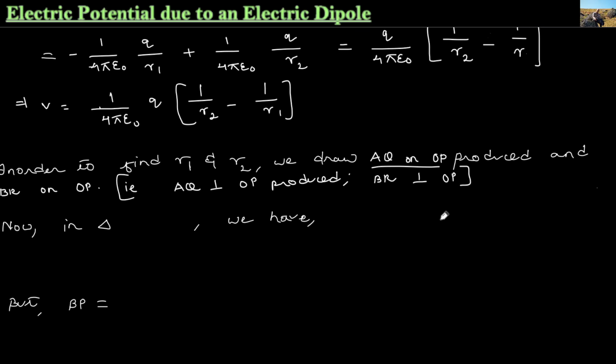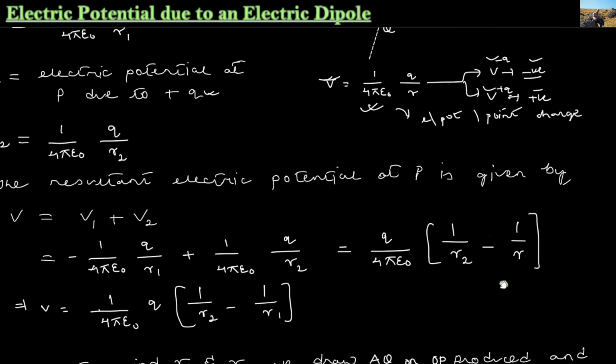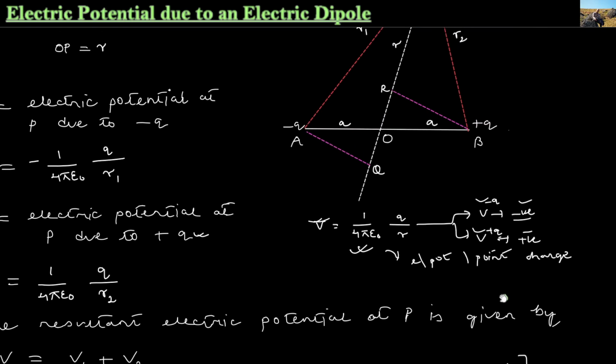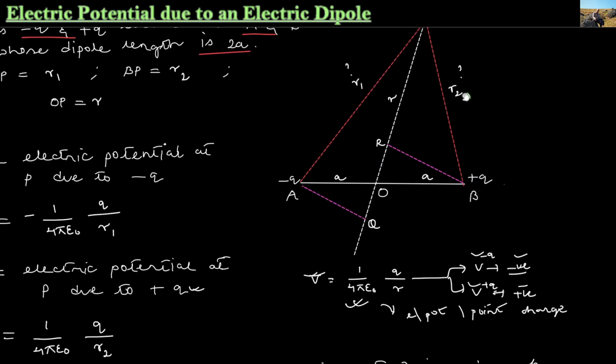Then from here we will consider some of the triangles. Suppose we want to find R2, so we will consider this triangle BOQ.